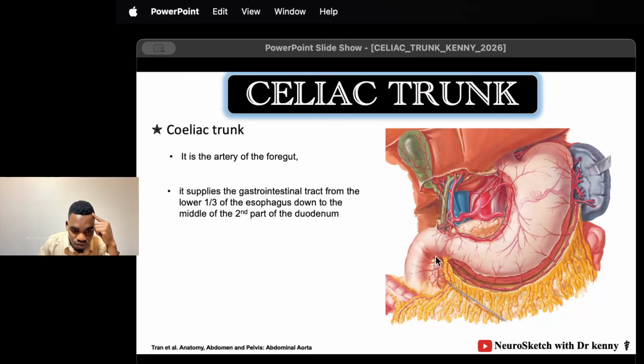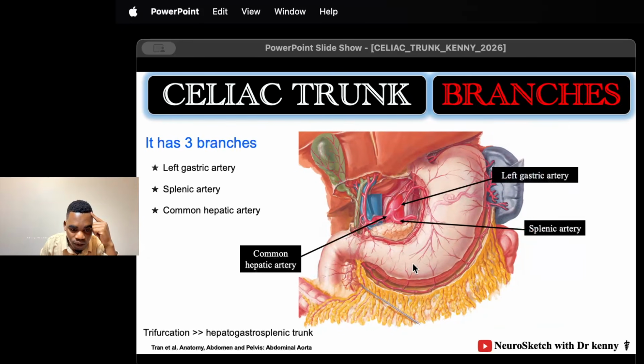So what are the branches of the celiac trunk? The celiac trunk has got three branches. This is the left gastric artery. The second one is the splenic artery, which I'm going to tell you later today is tortuous, and the third one is the common hepatic artery.